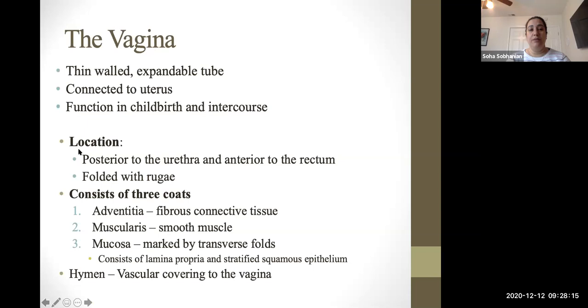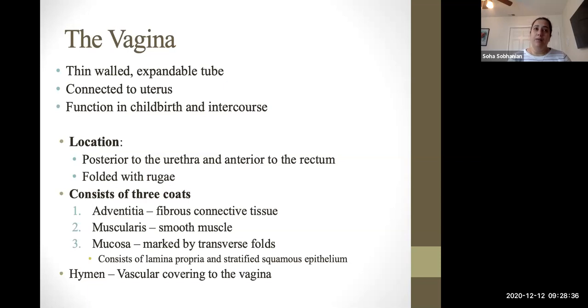In terms of the vagina, it also has three layers. Adventitia, which is the connective tissue that forms the outer wall of the vagina. Because it is a muscular tissue, similar to the uterus, it is made up of smooth muscle.